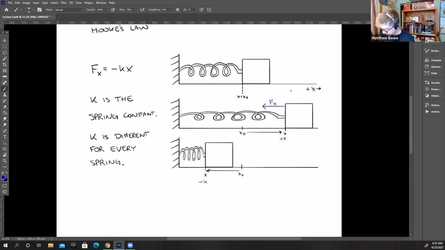And I'm just going to say f of x because that matches the Hooke's law equation I've written. And if I were to compress the spring, the force would be in that way, to the right. So f of x would be that way.